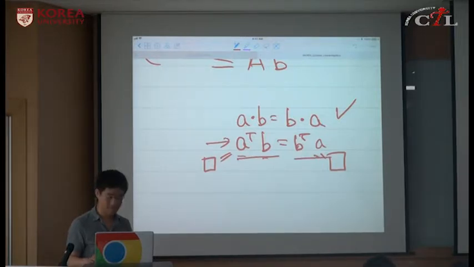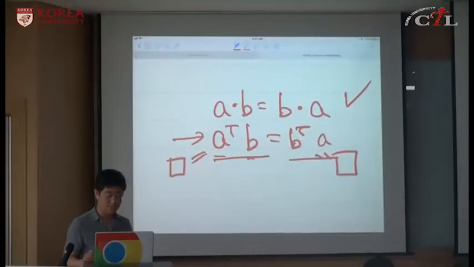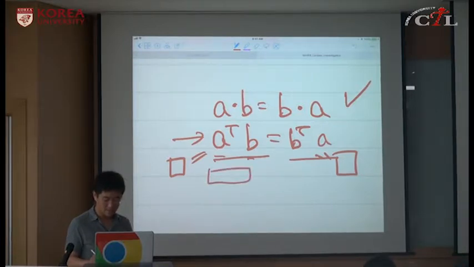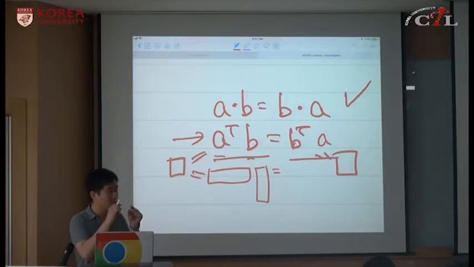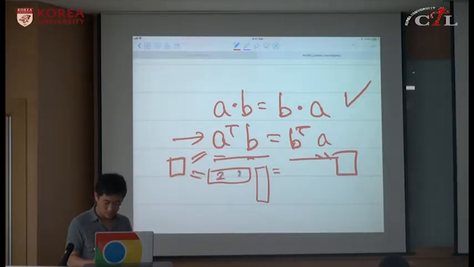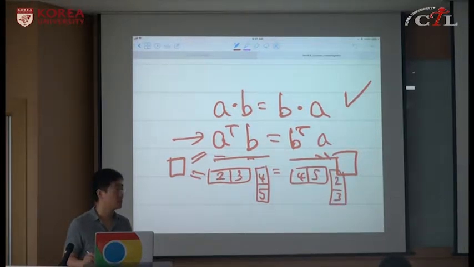So is the second equation correct? Yes, in case A and B are vectors. A is this vector and B is this vector, and that is just generating a scalar value. For example, 2 and 3 with 4 and 5 is the same as 4 and 5 with 2 and 3, right?